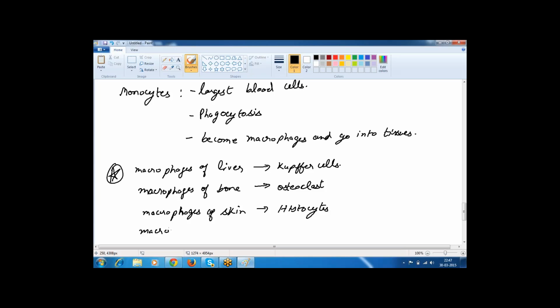Macrophages of lungs, these are called dust cells. So these few names you have to remember. Macrophages of what area is called what, especially macrophages of liver are called what. That is important exam point.